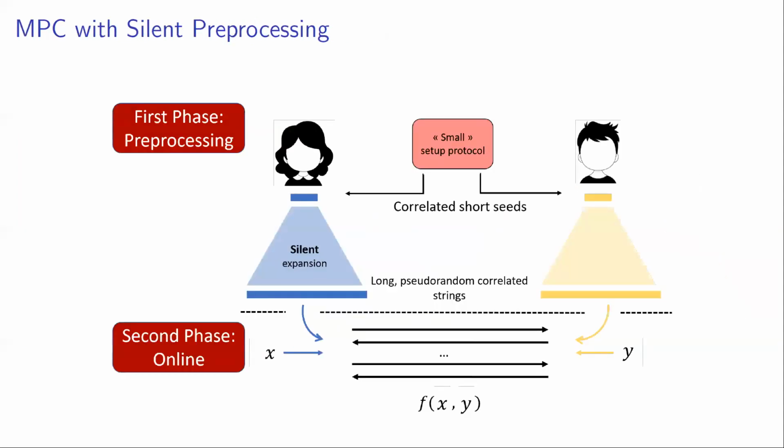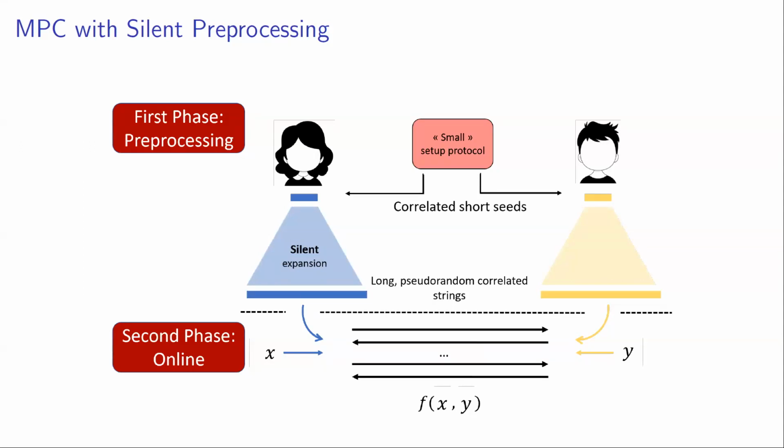Because of that, MPC with preprocessing was born, where in the first phase the parties create this pseudo-randomness, and in the second phase they use this pseudo-randomness in very fast, efficient protocols. Please note that the players can conduct this preprocessing phase ahead of time.